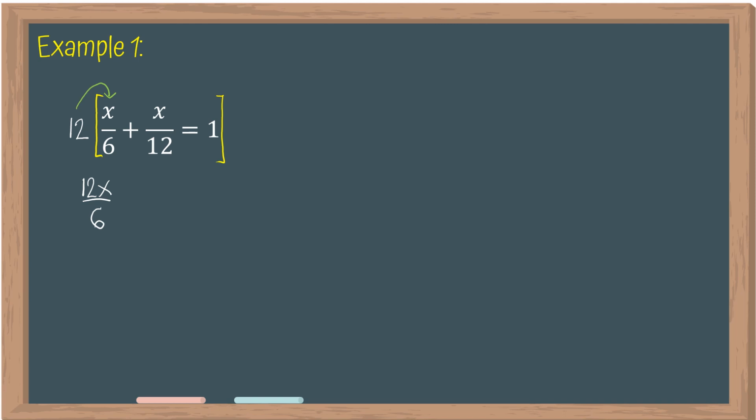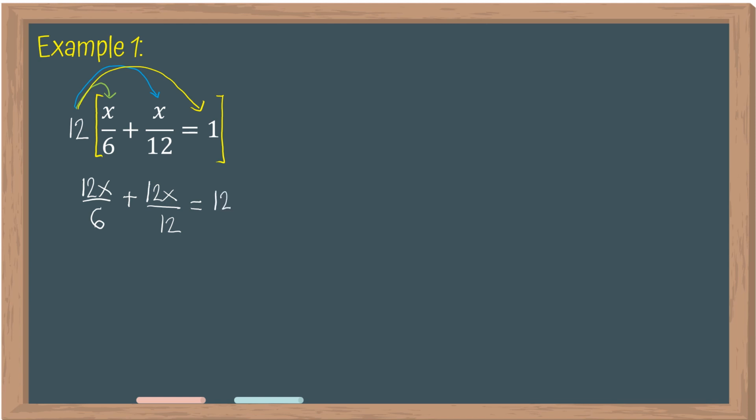Next, multiply 12 to the second term, that will be 12 times x over 12, and that will be 12x over 12. So, kinopya lang natin yung ating plus sign. Then, equals, we have here 1, so multiply 12 to 1, and that will give us 12.